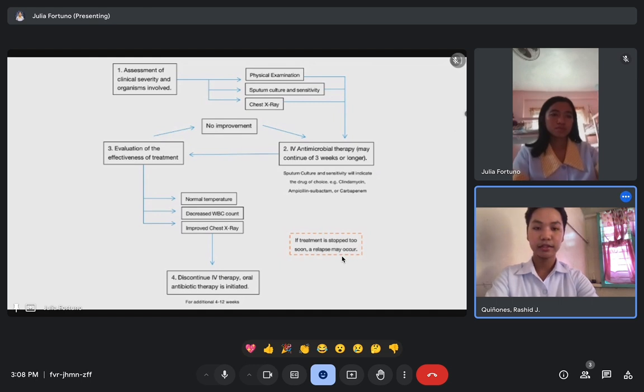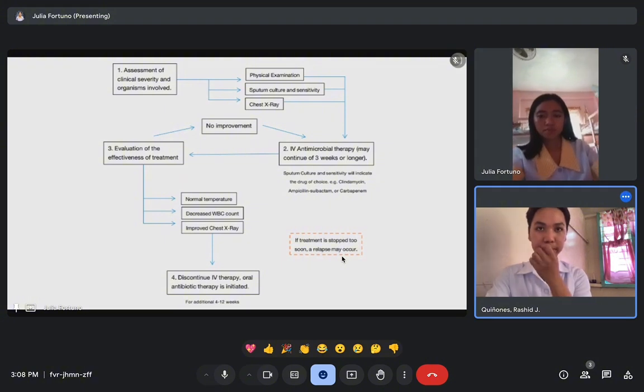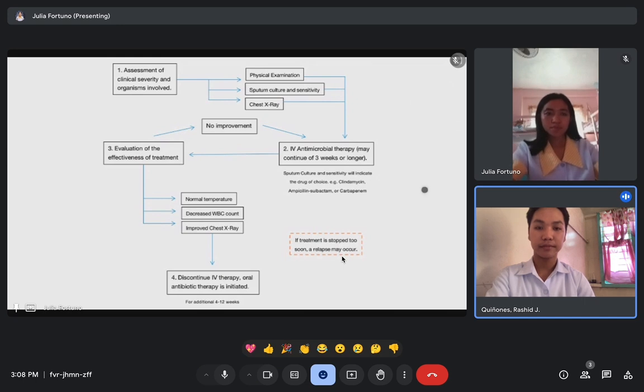If treatment is stopped too soon, a relapse may occur. So, it is our responsibility as nurses to educate the patient about the proper administration and the proper dosage prescribed by the primary provider.